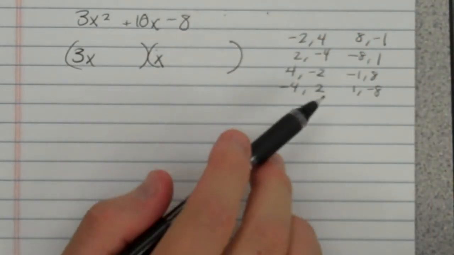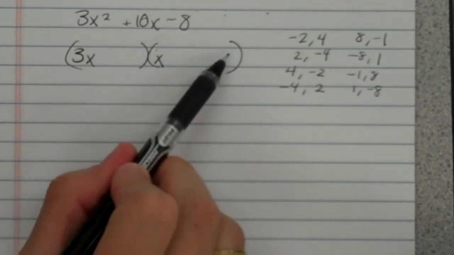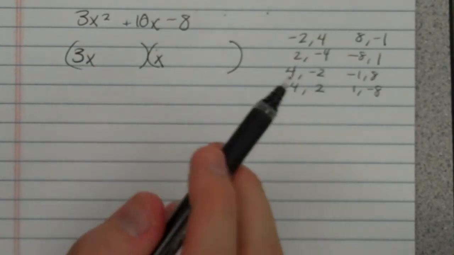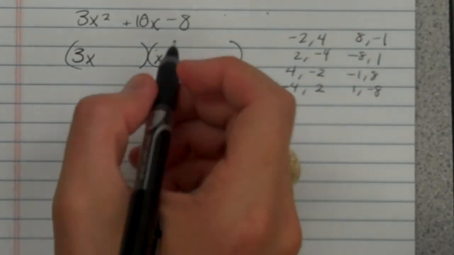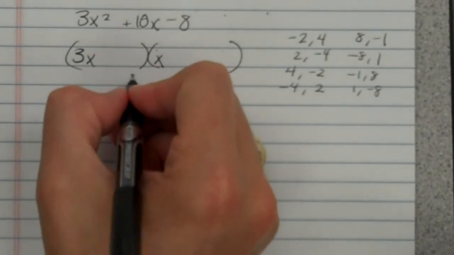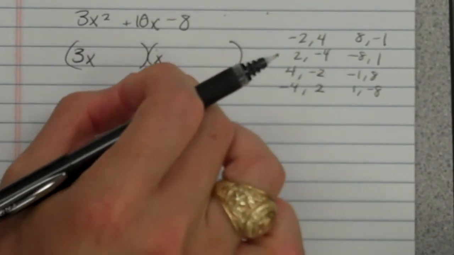These are all of my options. Now, this is kind of guess and check. I'm just going to set these right here and here, and then see if it works. So let's talk about these first. Okay? So if it was 8 and negative 1, let's try that.